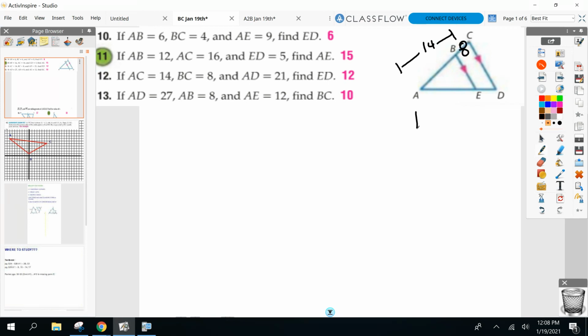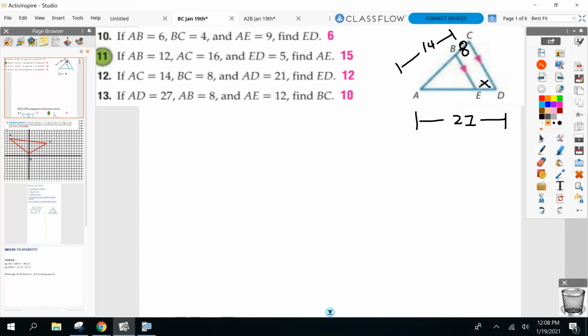AD is 21. Oh, I see what I did. Instead, I put 8 instead of 6. Well, 6 would be AB. Right, but in my proportion, I did 6 instead of 8. Okay. Gosh, but there you go. Anything else we want to discuss?